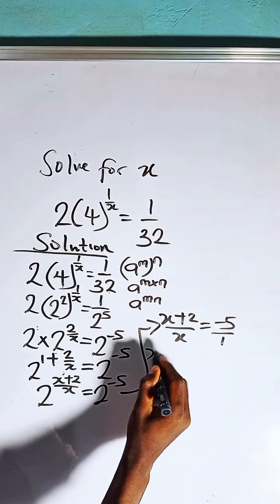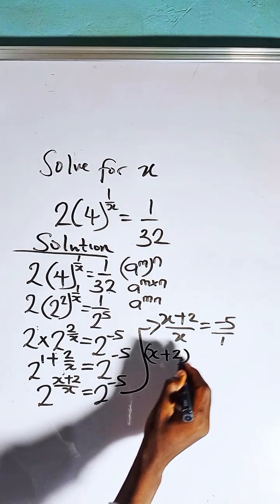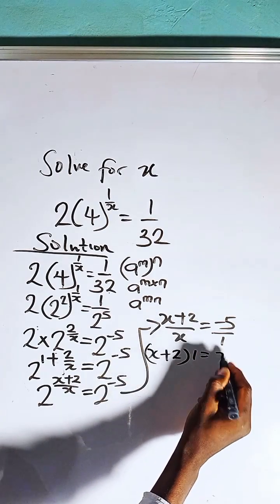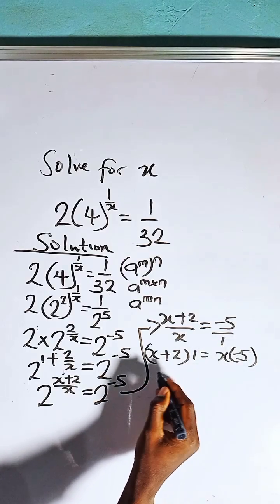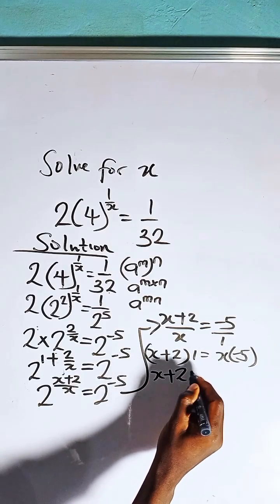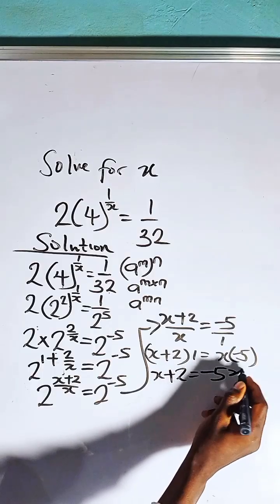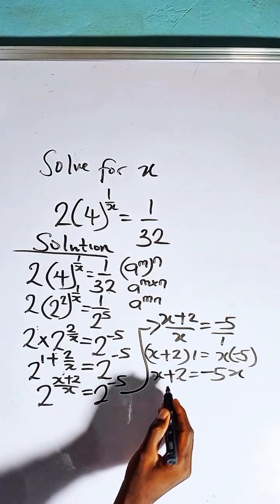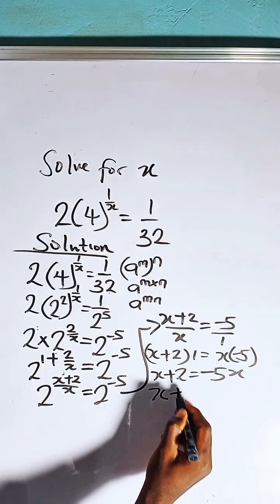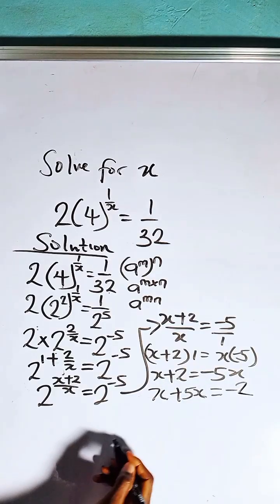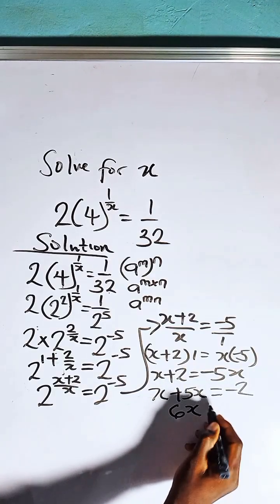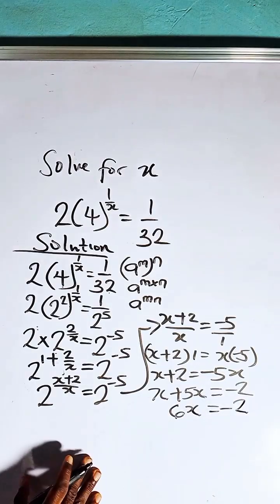So we have x plus 2 times 1 equals x times minus 5. When we expand, we have x plus 2 equals minus 5x. Now we can collect like terms: x plus 5x equals minus 2. So here we have 6x equals minus 2.